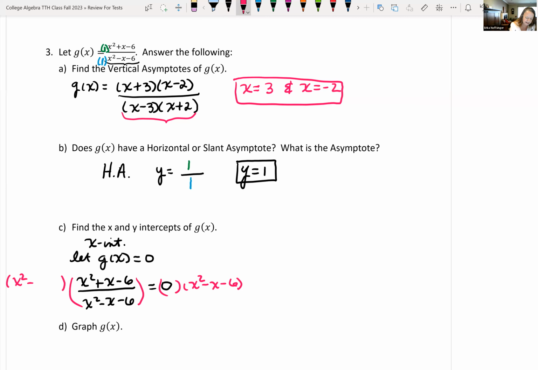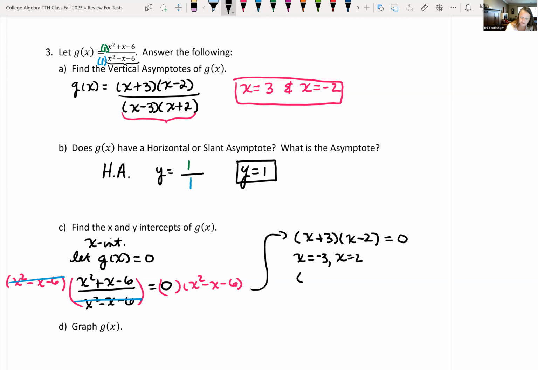That would clear our denominator. Anything times 0 is 0. I'm going to factor the numerator just so it falls out nicely right away. So x plus 3 times x minus 2 is equal to 0. So I have x-intercepts when x is -3 and when x is 2. These are actually points and not equations. So -3, 0 and 2, 0.